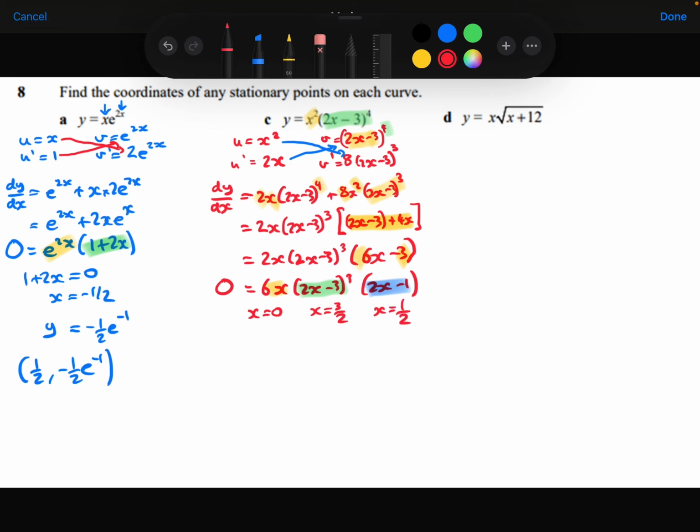Which happen at those x-coordinates. So those are the x-coordinates of my stationary points.